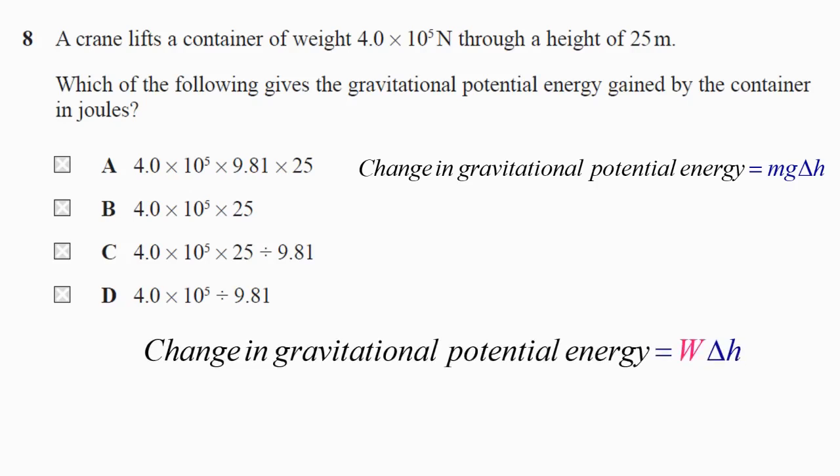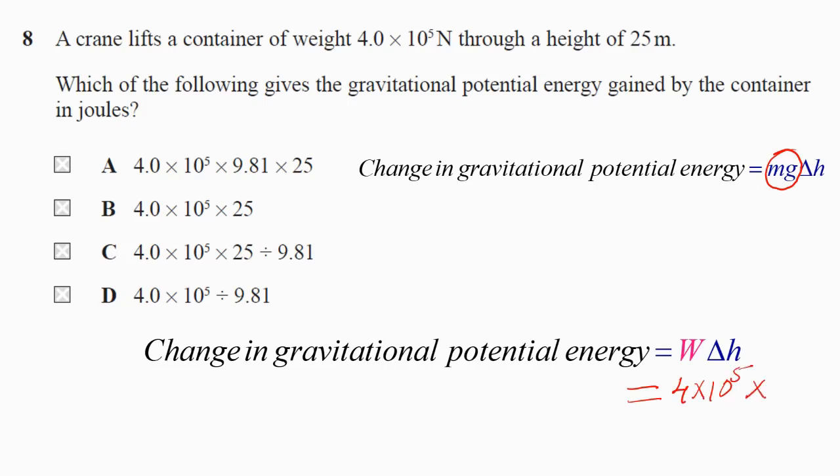Then we know that the product of m and g is nothing but the weight of the container. So the change in gravitational potential energy is equal to weight into delta h. In this question they gave the weight of the container, which is 4 into 10 to the power 5.